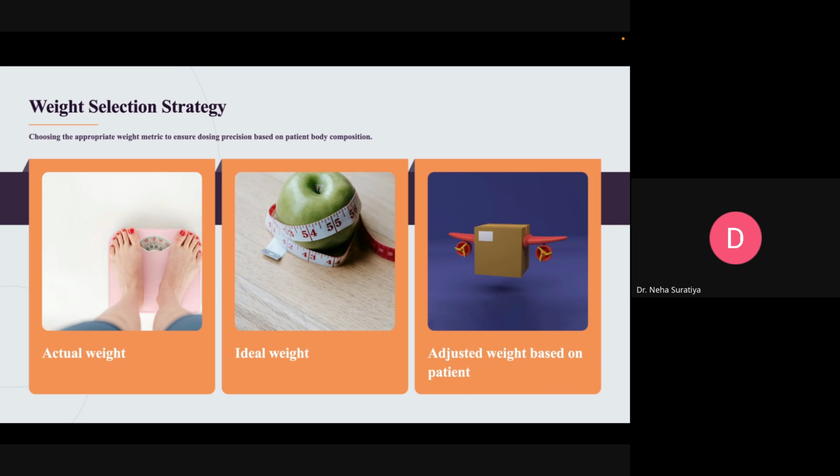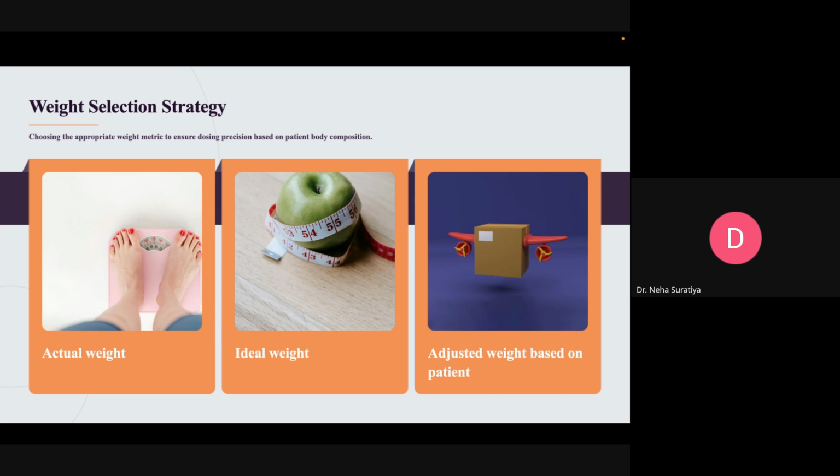There are three different weight selection strategies. For normal and underweight patients, you use actual body weight, no problem. But for obese patients, we need adjusted weight, and to calculate adjusted weight, we need ideal weight also. So this is a very important topic you cannot forget. For example, in an obese patient, if you use actual body weight, you now know what will happen next.